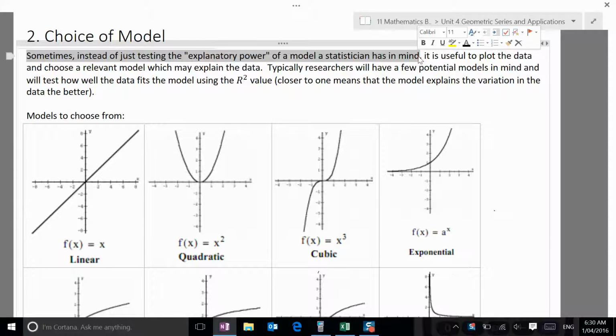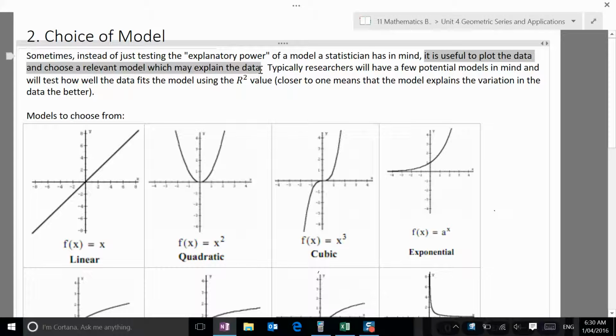We might just have some data that we've collected and have no idea about the relationship between the two variables. So in this case, it's useful to plot the data and choose a model which may explain the data. Typically you'll have a few models in mind and then test how well the data fits the model using the R-squared.